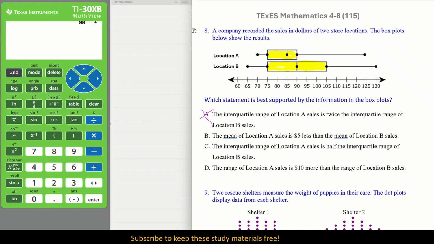All right, so B. The mean of location A sales is $5 less than the mean of location B sales. Well, value wise, how are you going to get that? Mean is not a property that we really discuss with box plots.